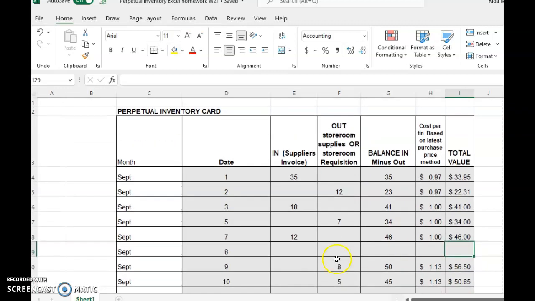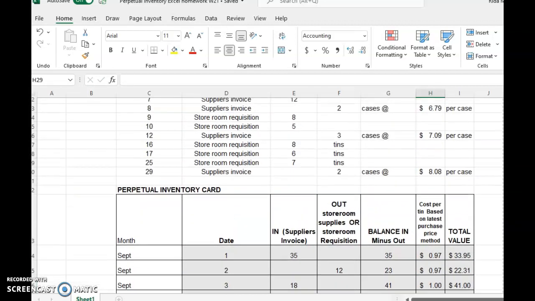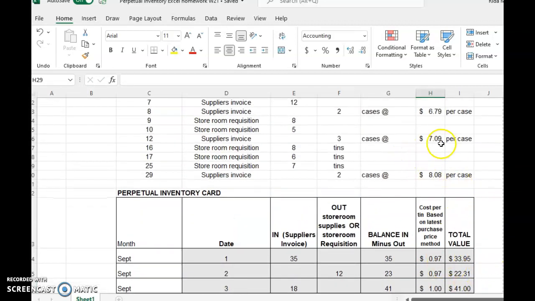So we have 12 coming in again as the same for September 7th, and then we would do the same thing, adding it, and we had 58 as our balance in. And since it's 2 cases coming in, we would use the round up again to get the value. And so it was $6.79 per case.